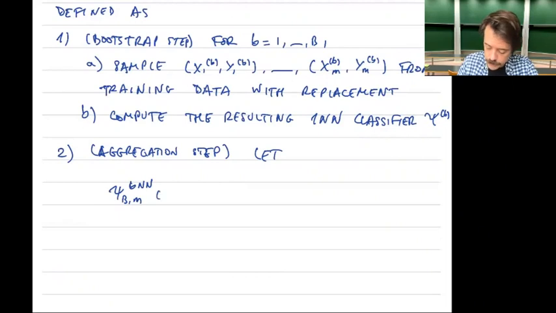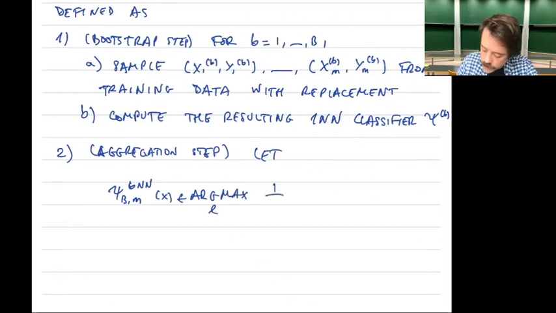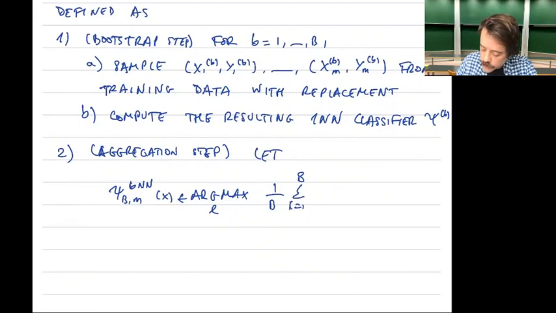Okay, so this is the argmax over the labels of the one nearest neighbor classifiers.